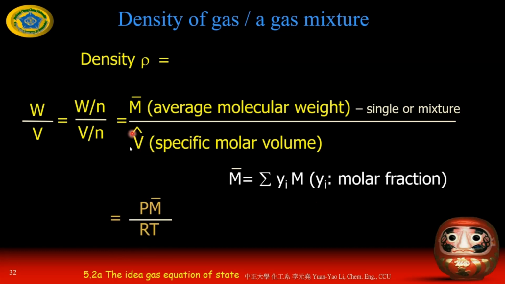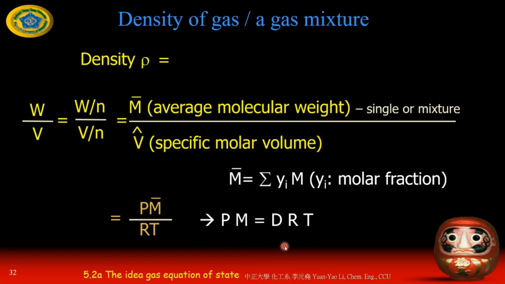If you have this V dot over n dot and combine it with the previous equation, P times V over n equals RT, you put V over n here, so P divided by RT, and M here. You will realize the density becomes pressure times average molecular weight divided by gas constant times temperature. So as you know, PM equals dRT, where d stands for density.